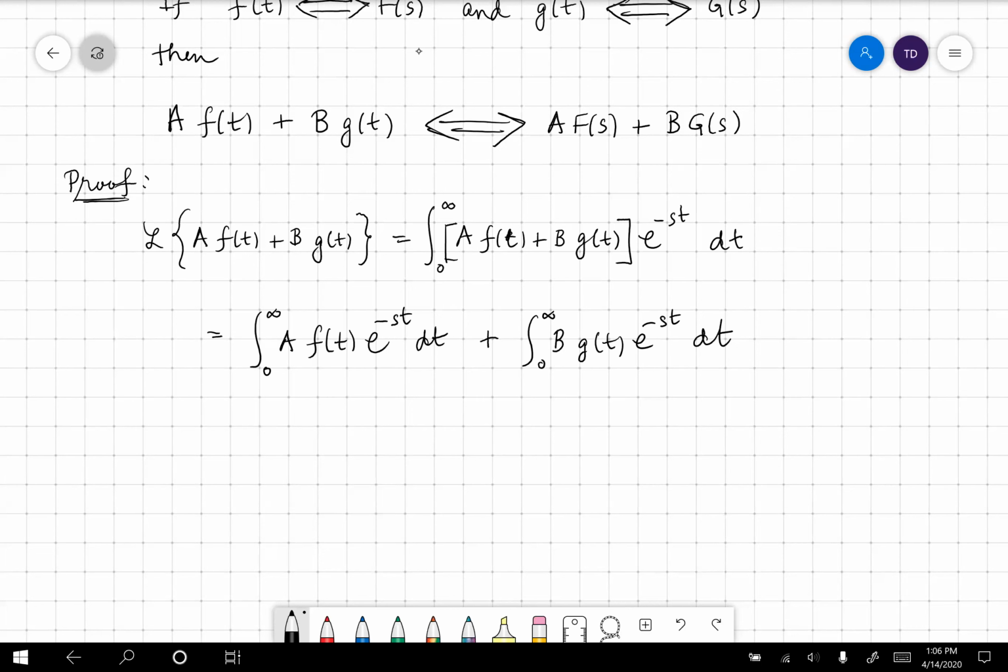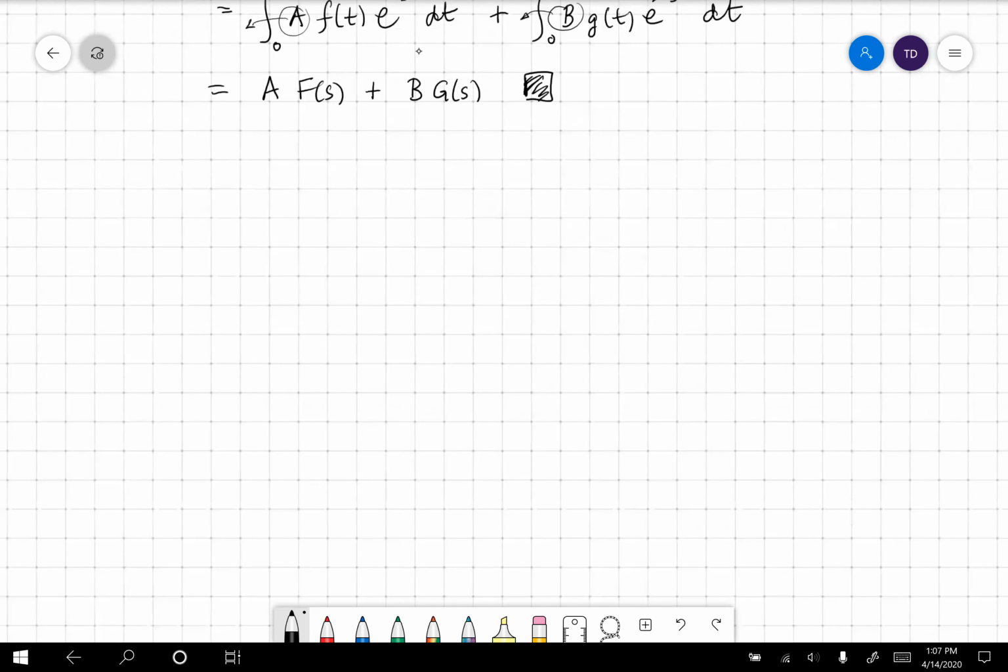We already saw these from before. I can pull the A out of this one, and then that's the Laplace transform of f of t. Pull the B out of here. That's the Laplace transform of g of t. So this is A F of s plus B times G of s. Let's utilize this property.